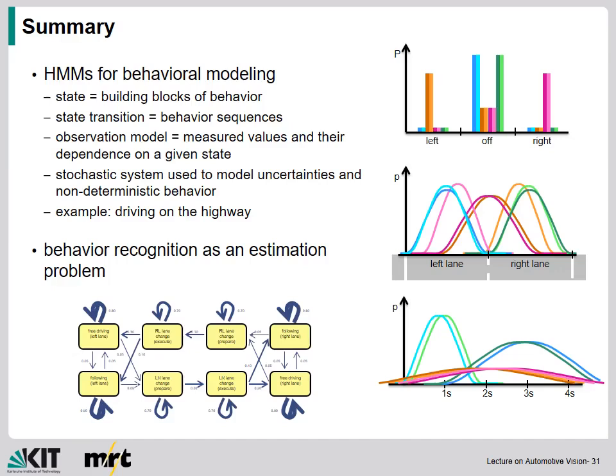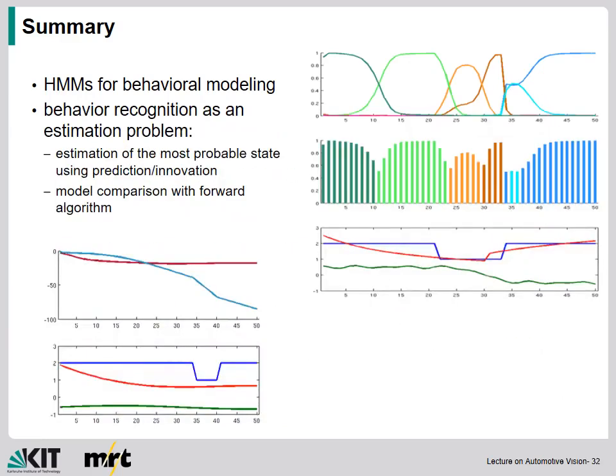And of course, we have seen some examples for how we can use these hidden Markov models to model driving on highways. Then we have seen that with this kind of models, we can do behavior recognition.